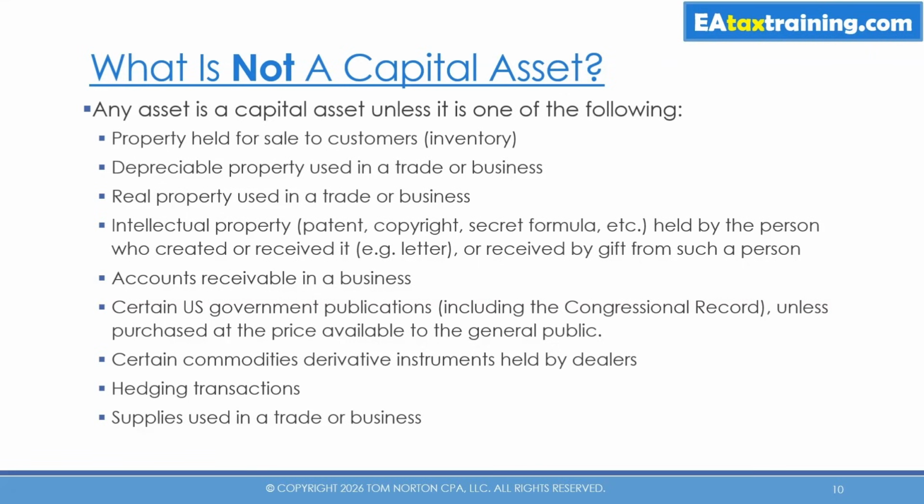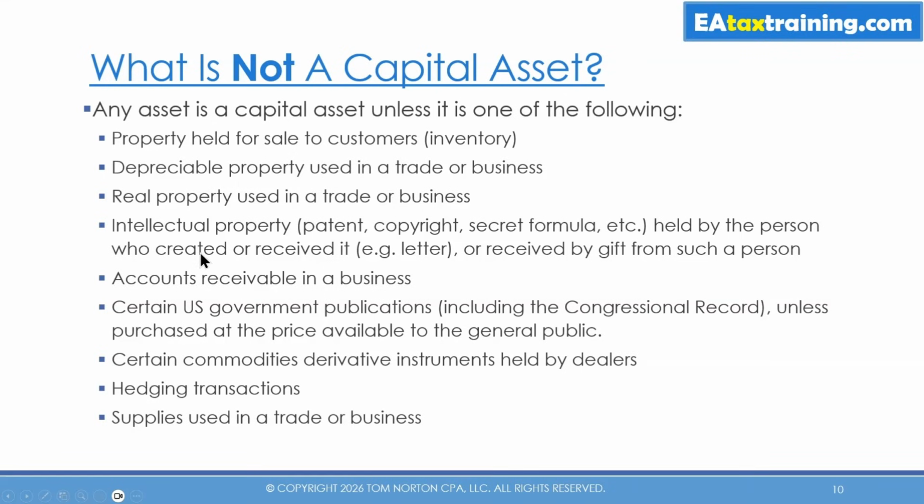And then finally, supplies used in a trade or business. So you're going to see that one of the common themes of most of the things on here is that in one way or another, it has to do with operating a business: inventory in the business, property used in the business, accounts receivable, supplies, even intellectual property.